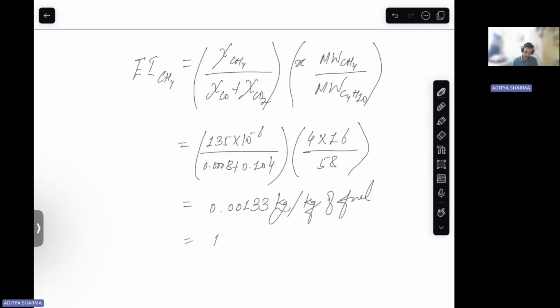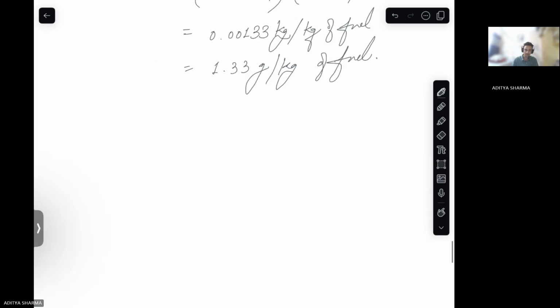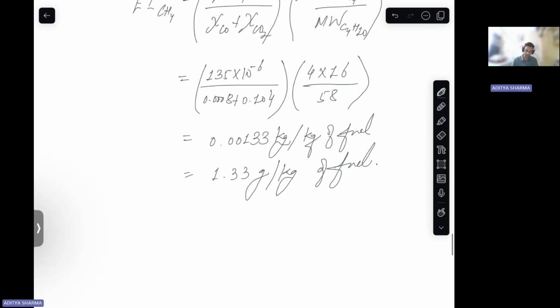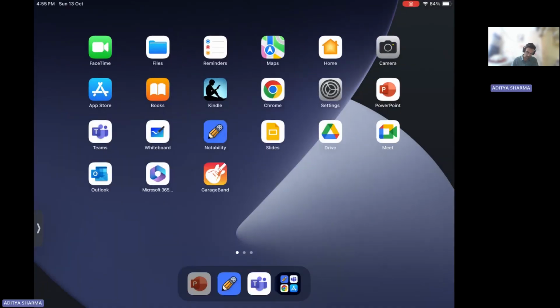And in grams, this will be 1.33 grams per kg of fuel. So this is the answer. Okay, 1.33.